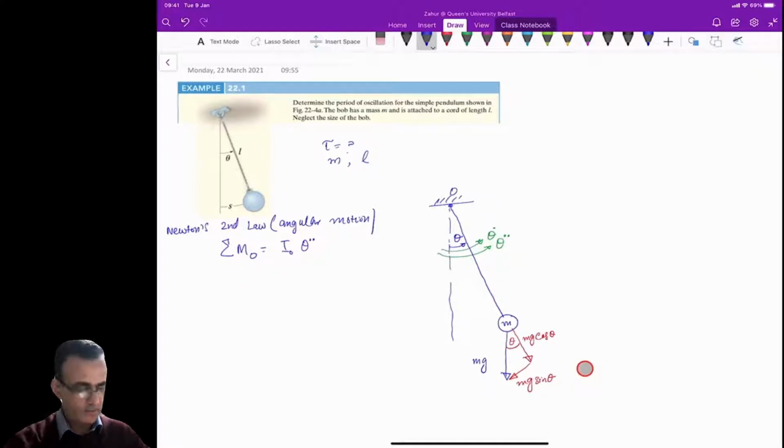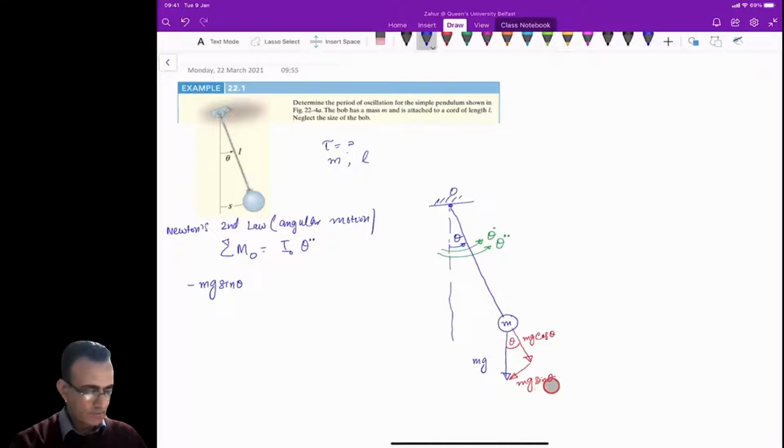Theta double dot is in this direction here, and this mg cos theta is creating no moments because it's passing through the O. The only force which is causing moments is mg sine theta, and it's opposite to theta double dot, so it should be negative. So minus mg sine theta.